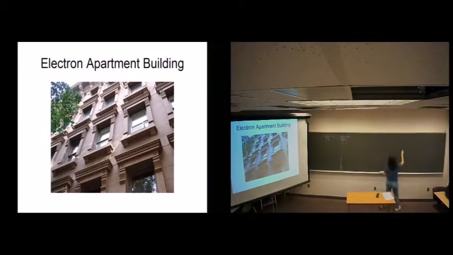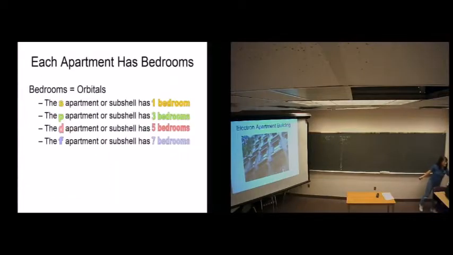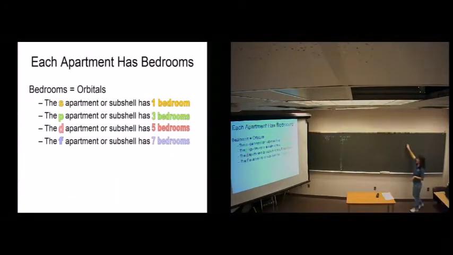So we have S, P, D, F. Didn't we talk about those shapes? The S was spherical, and that looks like a big circle, so we're going to call that 0. And then we're just going to number the rest.